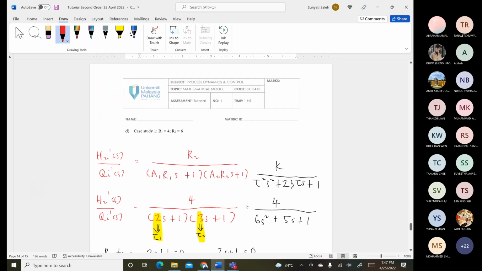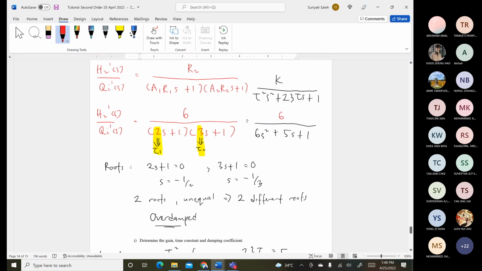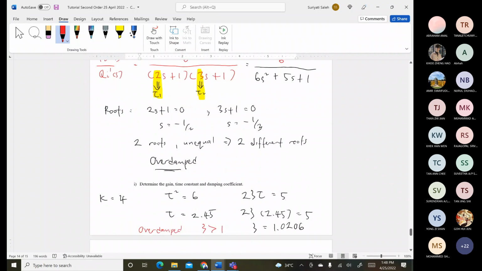Oh, sorry. Yeah, you are right. I'm sorry, I made a mistake here. Thank you, so this is not 4, because the R2 is equal to 6. Thank you for correcting me. I didn't notice it. So the K equals 6.